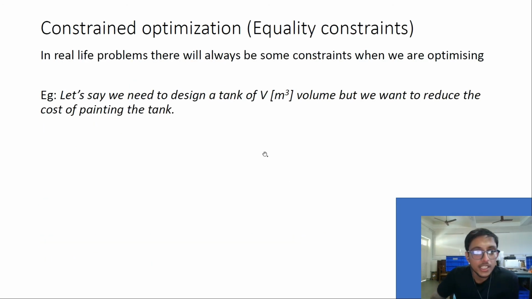Okay, now let's come to constrained optimization. I don't think sir is teaching this, but here's the thing. When I was introduced to the Hessian matrix, I was introduced with the problem of optimization.